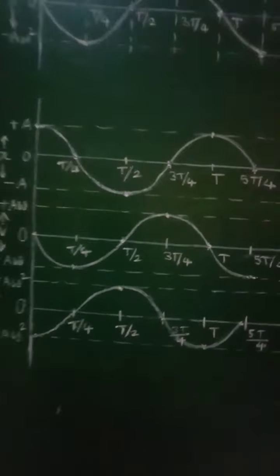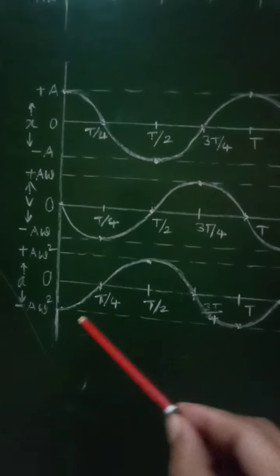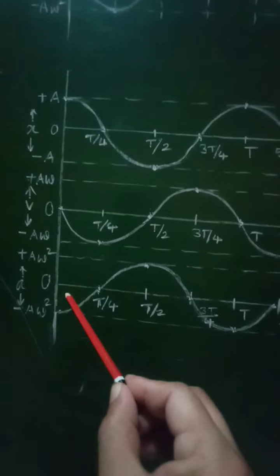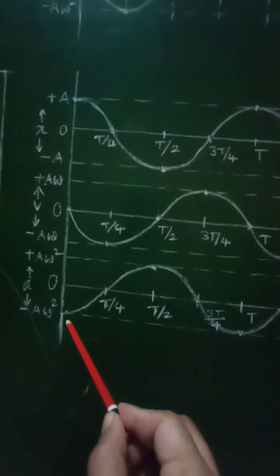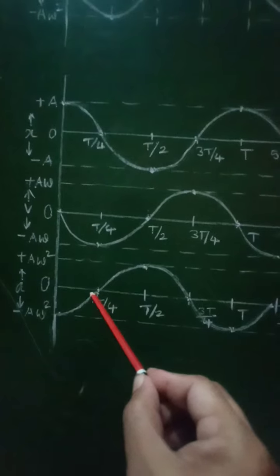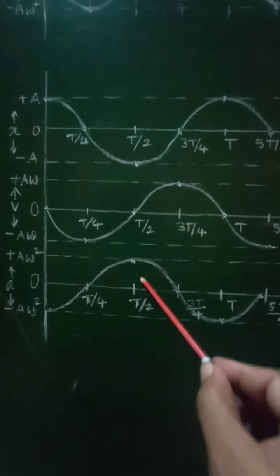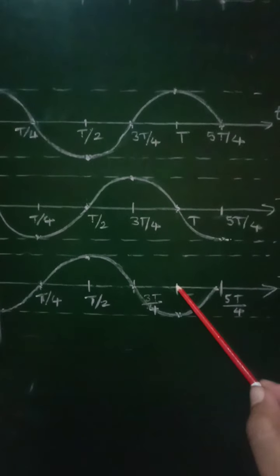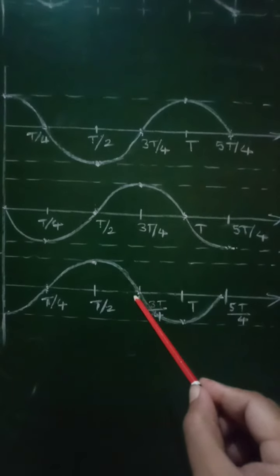And at last we can plot the graph of acceleration against time. So for this graph, for t equal to 0 acceleration is minus a omega square. For T by 4 it is 0. For T by 2 it is plus a omega square. For 3T by 4 it will be again 0.